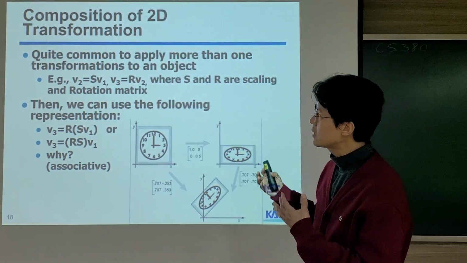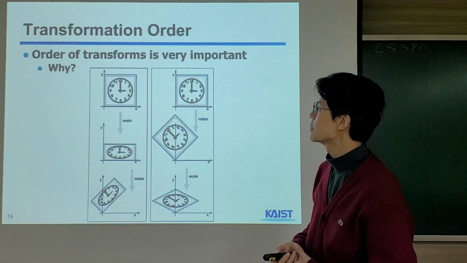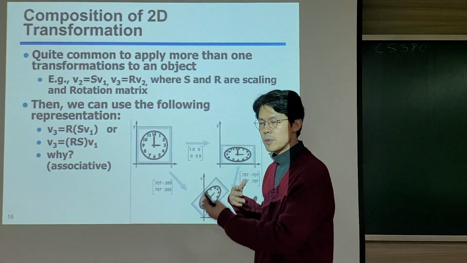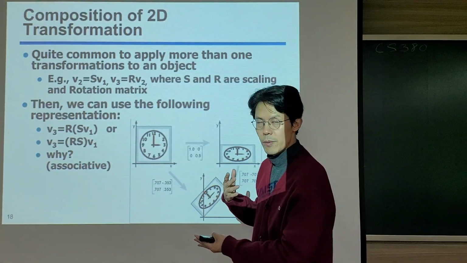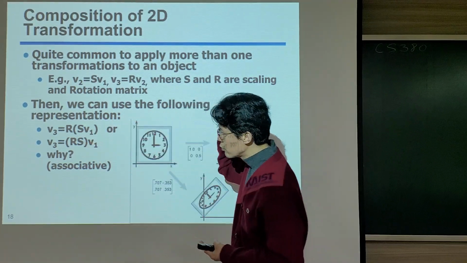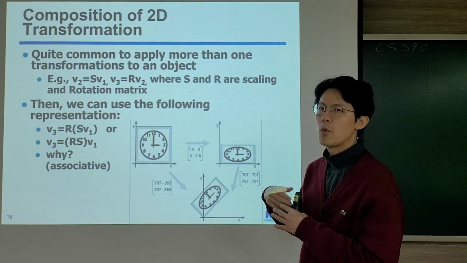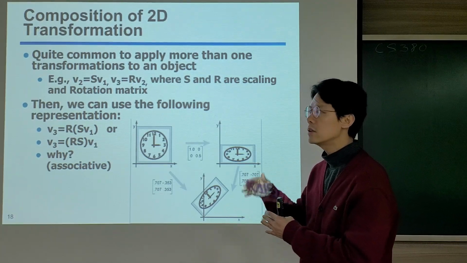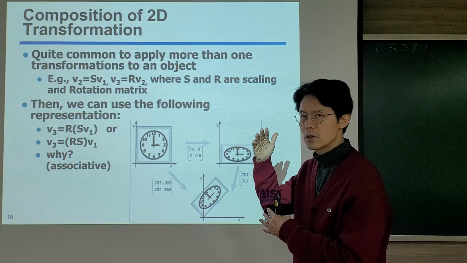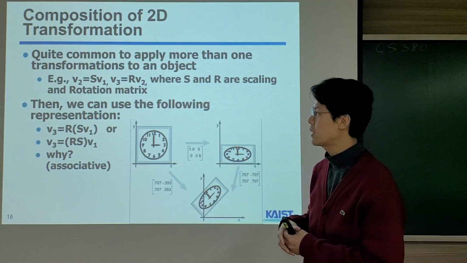We all know that, but I'd like to review these operations. So when you do multiple transformations, we can combine them together and do one matrix multiplication. That way, we can more efficiently perform various transformations to realize any kind of computer graphics application.